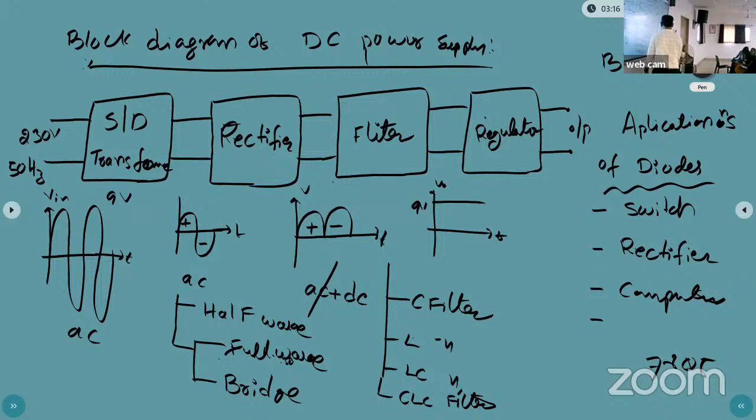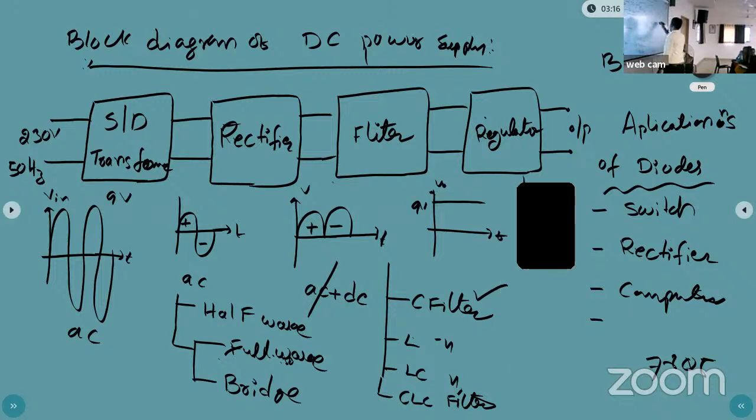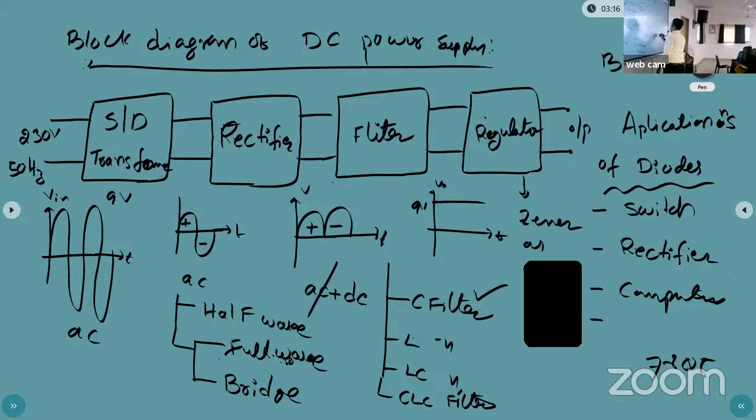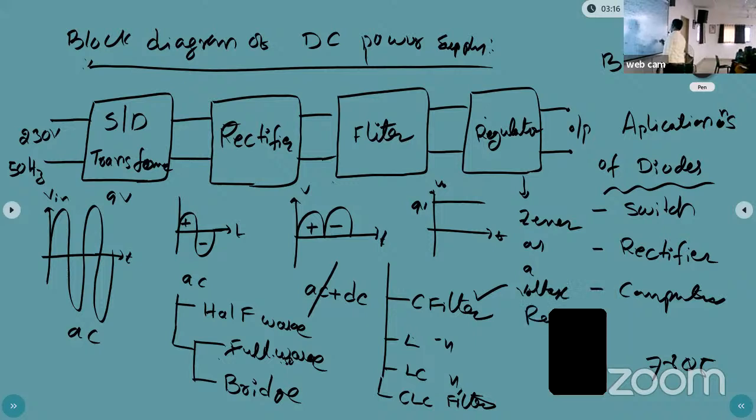So these many filters are there, but in our syllabus we are studying only the C filter. And coming to the last one, the regulator. Here we are using the Zener diode as a voltage regulator. So these many topics we are going to discuss.